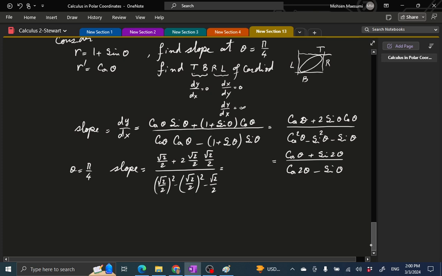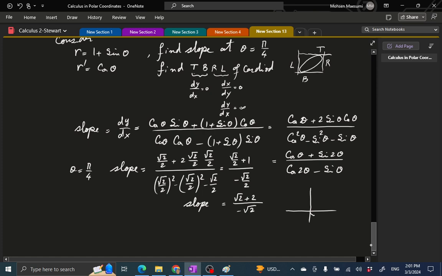So what does it become? It becomes radical 2 over 2 plus a 2 times a 2 is a 4, divided by 4 is just a 1. The denominator is of course 0 minus radical 2 over 2. Can multiply numerator and denominator by a 2. So that's our slope. What does this mean?